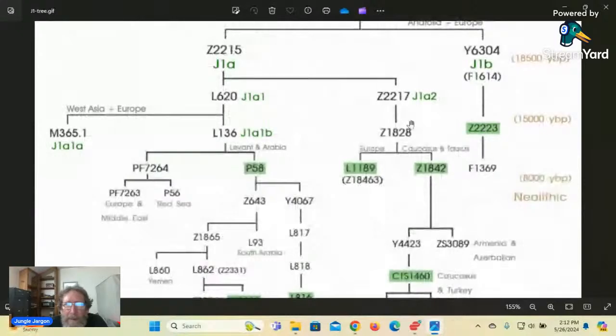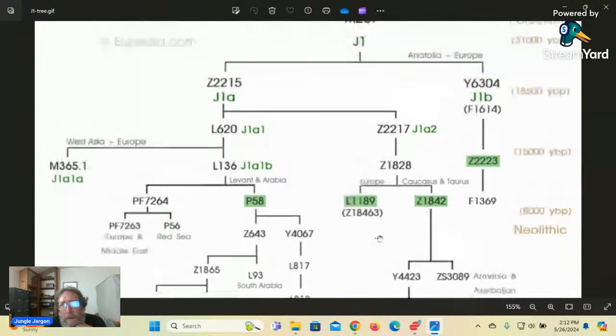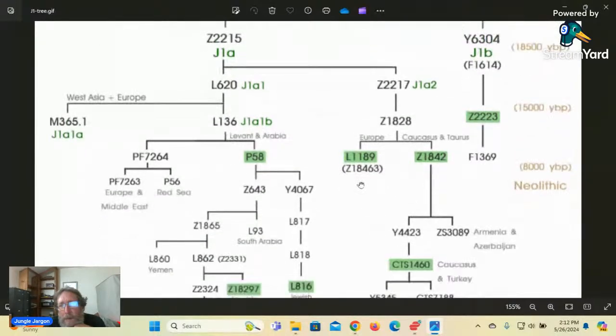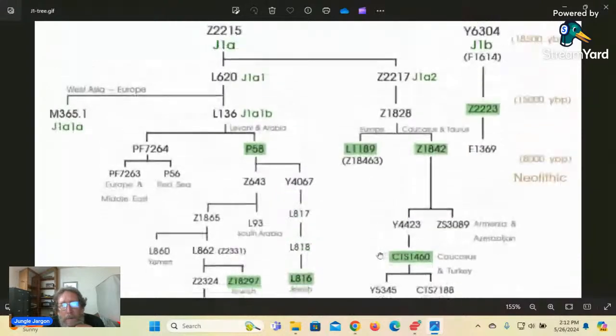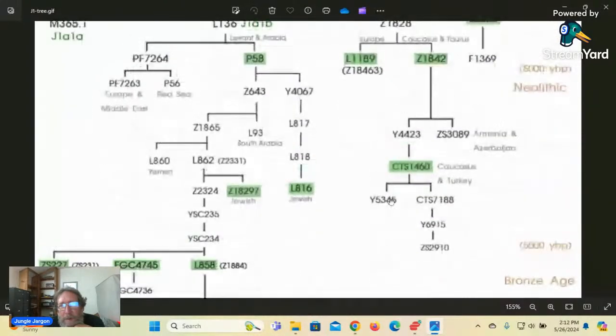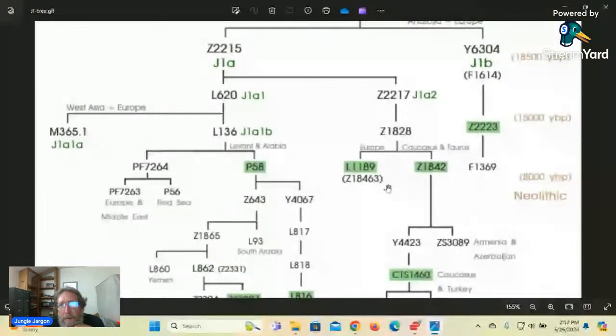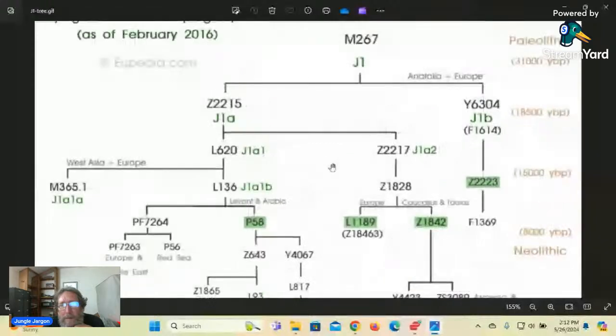This J1A 2, I suppose that could be Arabic too, but it's hard to say because there's no Jews in it. There's Caucasus, Turkey, Armenia, Azerbaijan. If it was Jewish, there's no indication that it's Israelite.